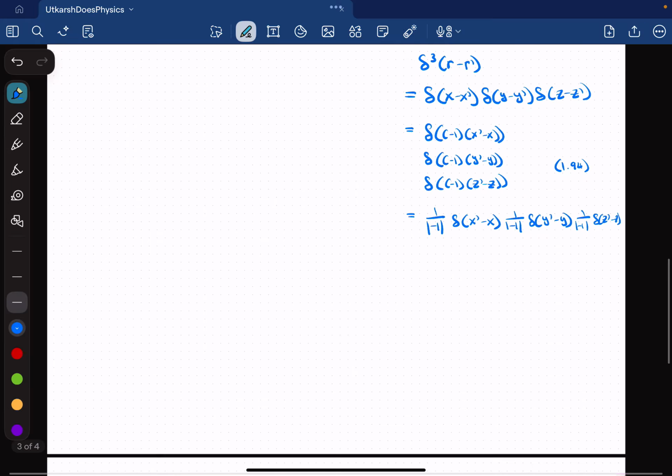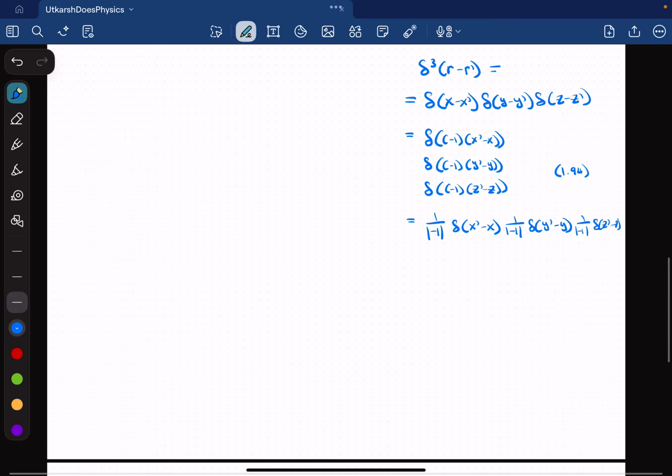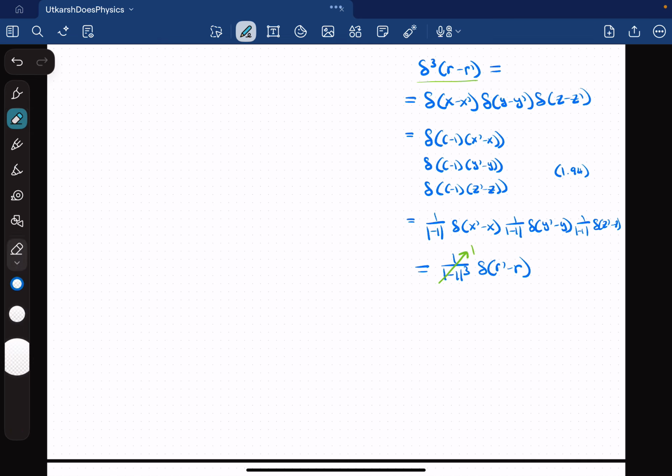Okay, so at the end of all of this, we actually find that the delta functions are really the same. This is just equal to 1. Therefore, this is equal to this.